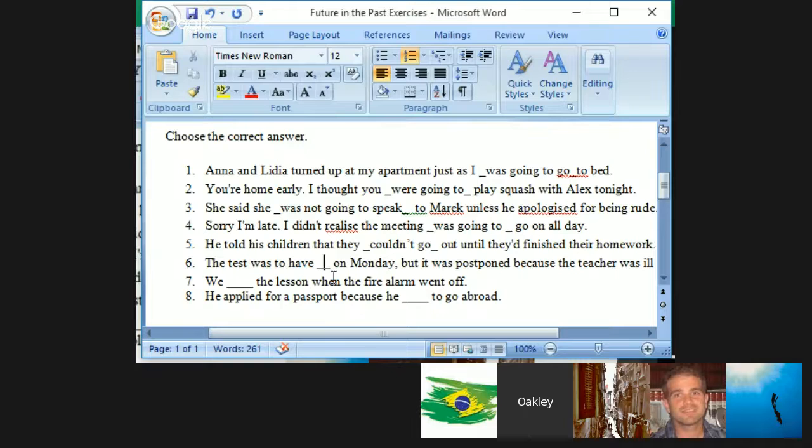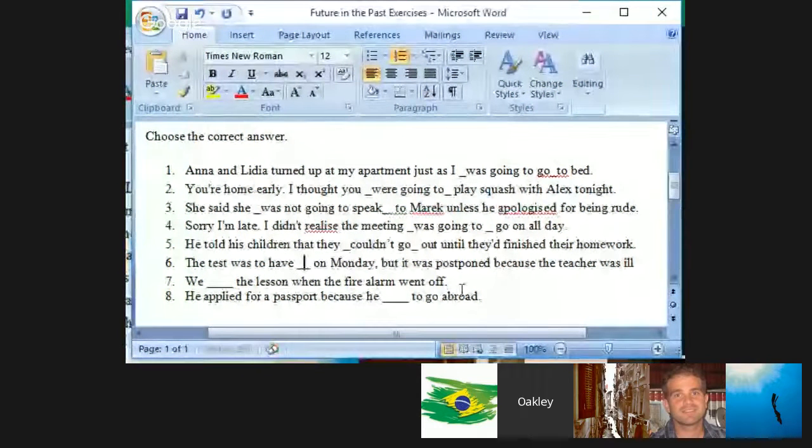Here's another variation. Just think about what word would make sense. The test was to have blank. This is another very specific variation.